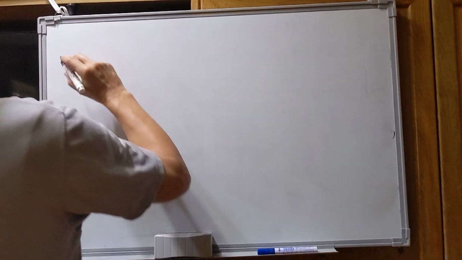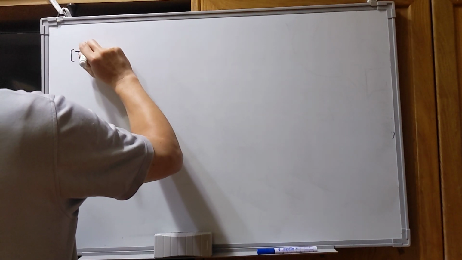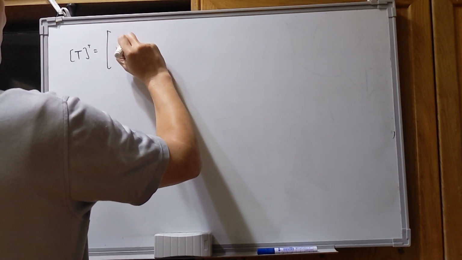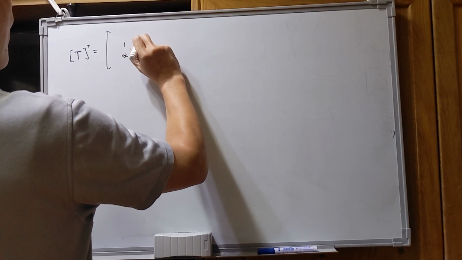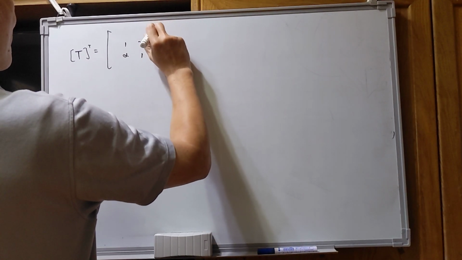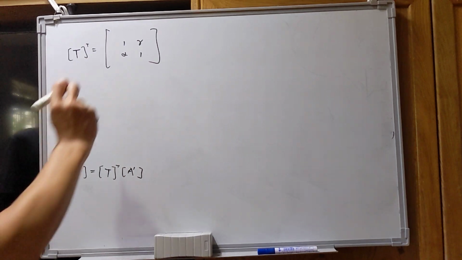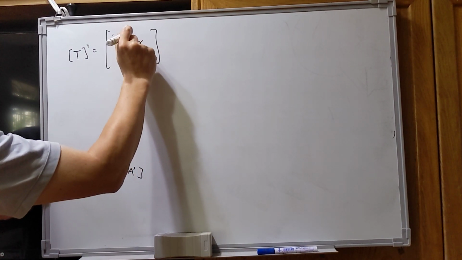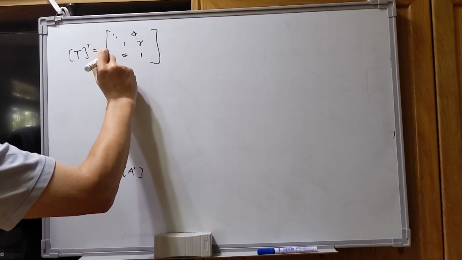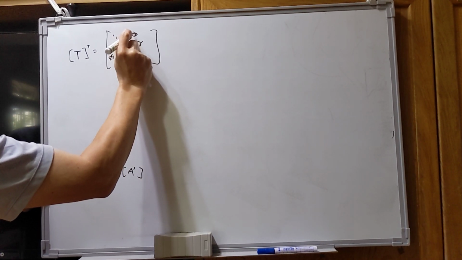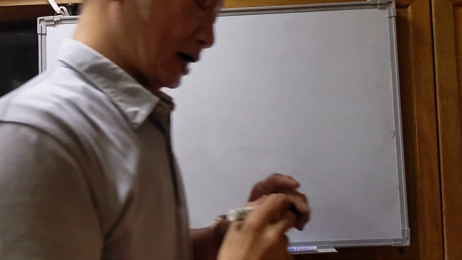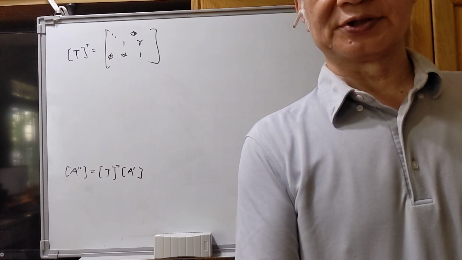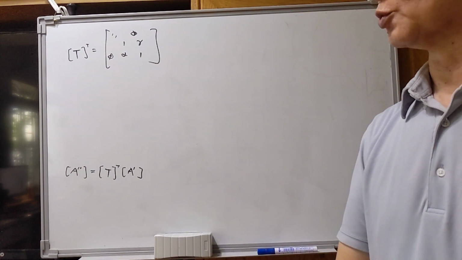The T transpose has all other off diagonal elements equal to zeros, and all other diagonal elements equal to ones.